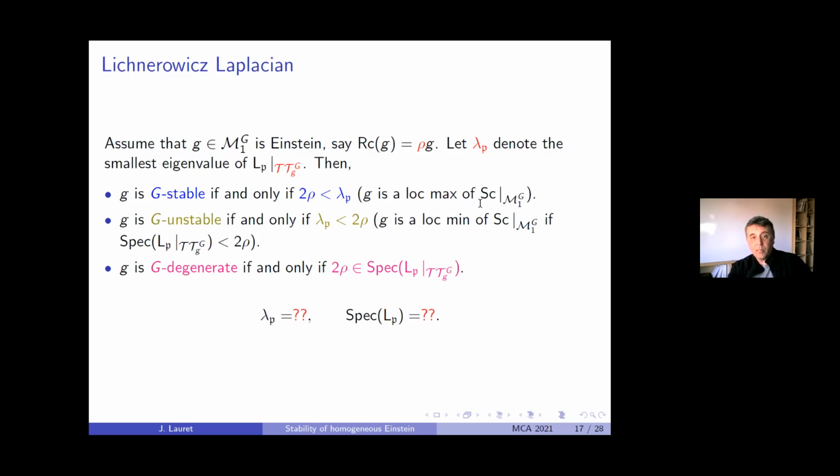Otherwise you get G-unstable. And if 2 rho is in the spectrum of L_p, the Hessian is degenerate, and then you cannot conclude if it is a saddle or not. But then it's very important to compute this lambda_p and the spectrum of L_p.